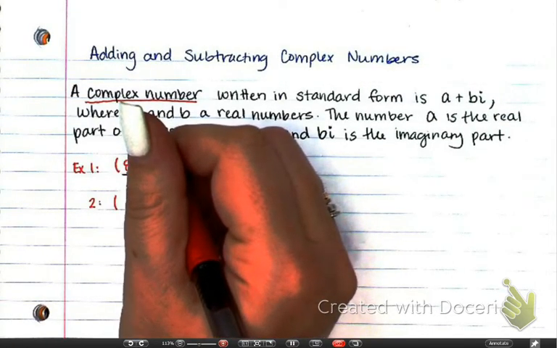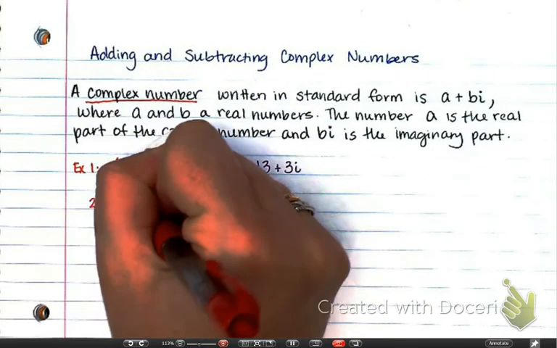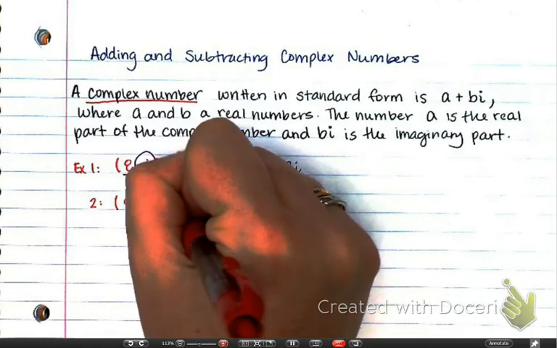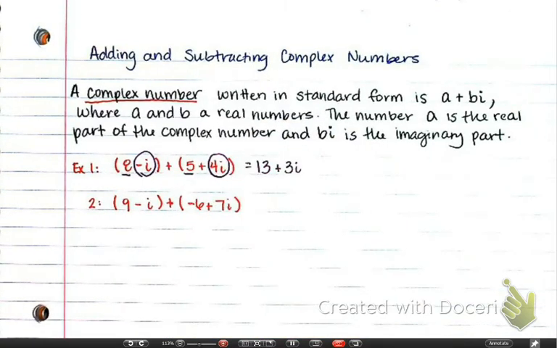Okay, let's try another one. 9 minus I plus negative 6 plus 7i. So take a second and combine those.